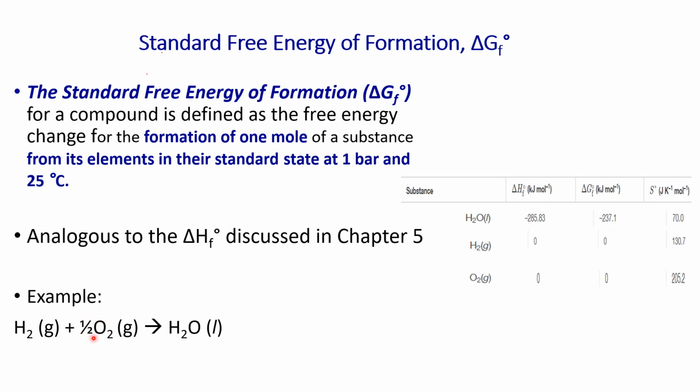But I'm going to have to multiply 1/2 times the value for O2. But the key is that O2 is defined as standard conditions. That's how oxygen's going to come to you at standard conditions at 25 C, 1 atmosphere pressure. It's going to be in the form of an O2 gas. So its delta G is going to be 0. Similarly, the H2, delta G is going to be 0.